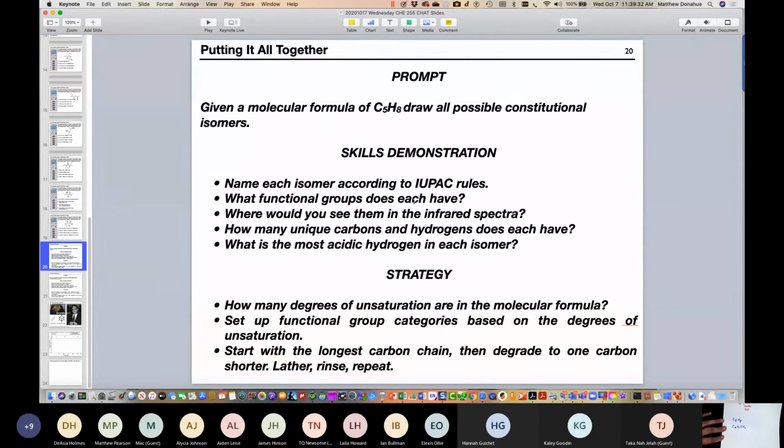What functional groups does each have? Then of the main functional groups, where would you see those in the infrared spectra? How many unique carbons and hydrogens does each have? So where would they occur in the carbon and proton NMR? And then finally, of each isomer, what is the most acidic hydrogen?